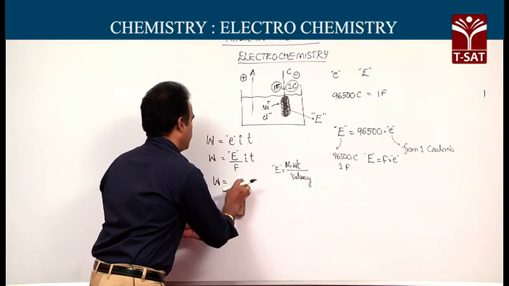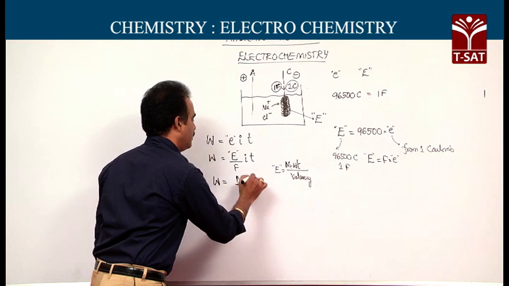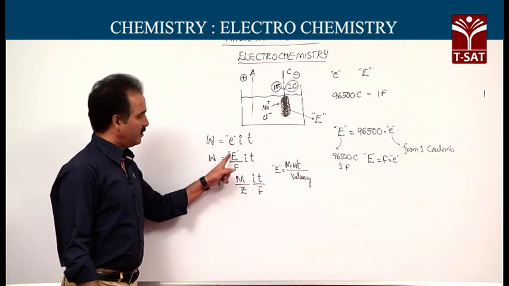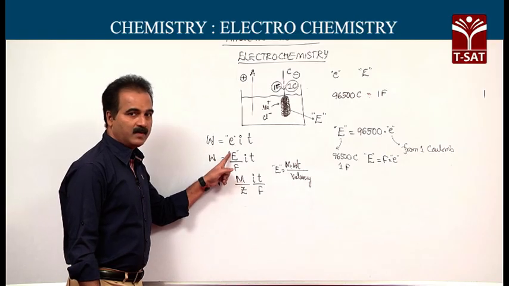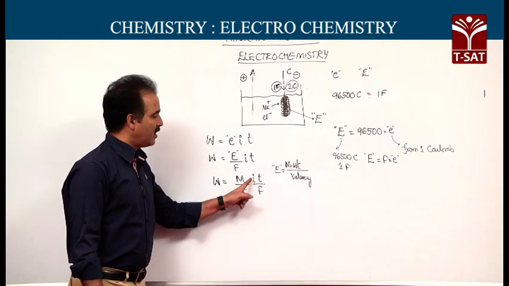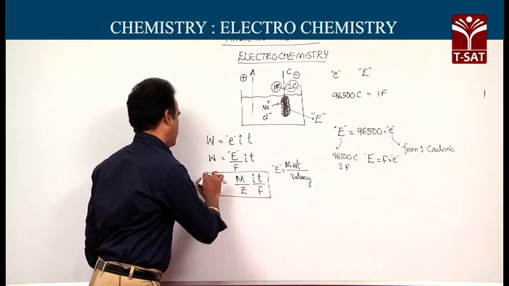So, here in place of E, I can write molecular weight by valency: M by Z into IT by F. Here, in place of equivalent weight, we write molecular weight by valency, I into T by F. So, this is Faraday's first law.